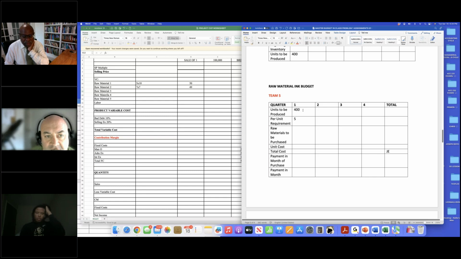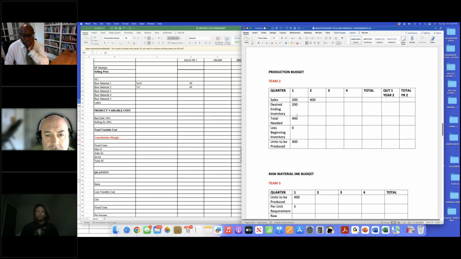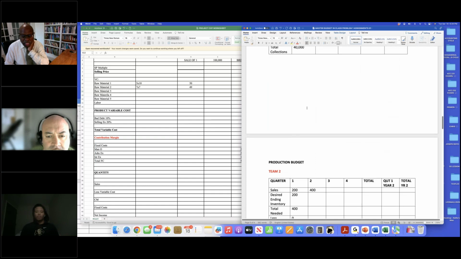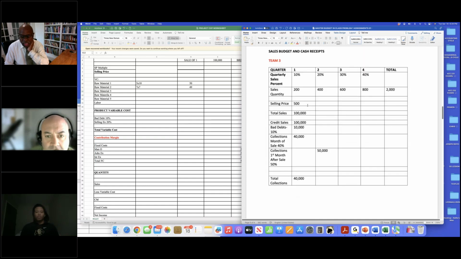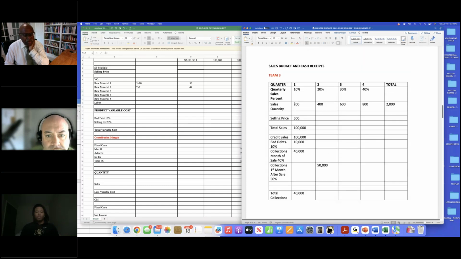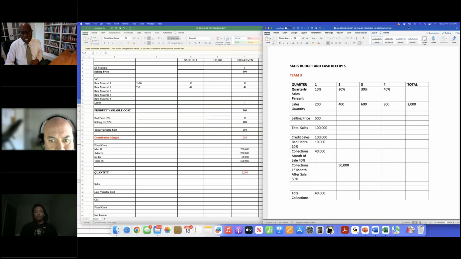Whatever is on the production budget comes from the sales budget. Whatever is on the sales budget comes from total sales, which comes off of this CVP workshop. So you can see, if you don't have that number correct, a lot of things will be impacted.